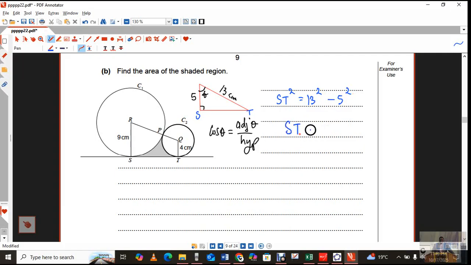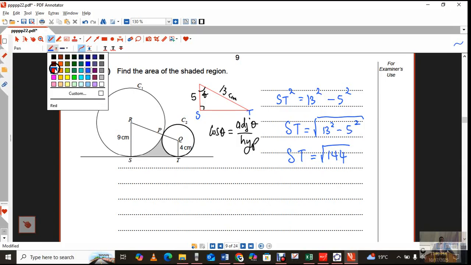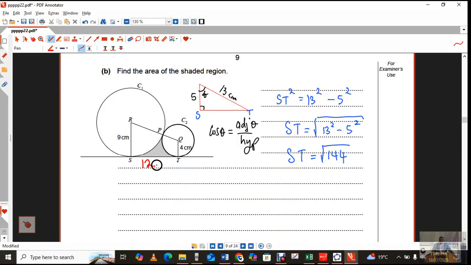Therefore ST is going to be the square root of 13 squared minus 5 squared. S to T will equal 13 squared is 169, minus 5 squared, that is 25, giving 144. So therefore the distance ST is 12 centimeters.